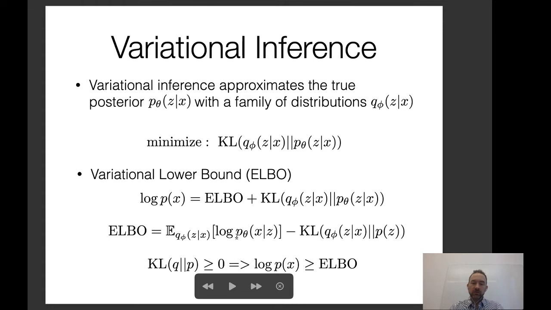And the evidence lower bound, more concretely, is the expectation calculated over the inference distribution of the log likelihood given the latent variable, minus the KL divergence between the inference distribution and the prior. So basically the log likelihood is greater than the ELBO here. So this is a good thing.